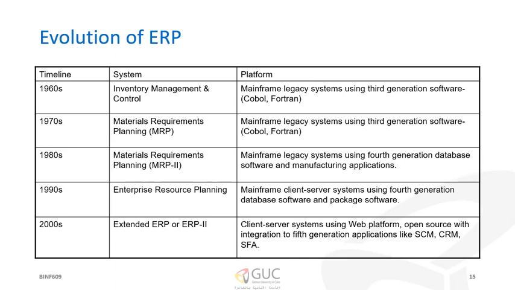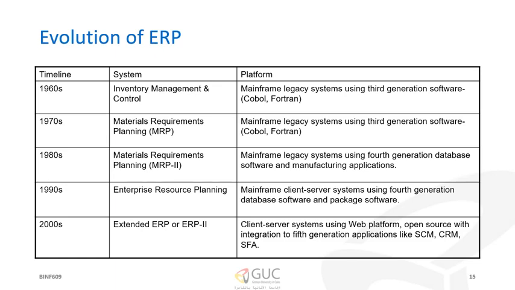ERP systems first appeared in the early 1990s to provide an integrated solution to the increased complexity of business and support enterprises to sustain their competitiveness in the dynamic global business environment. With a focus on application integration and customer service, these systems were designed for improving the performance of the internal business processes across the complete value chain of the organization.